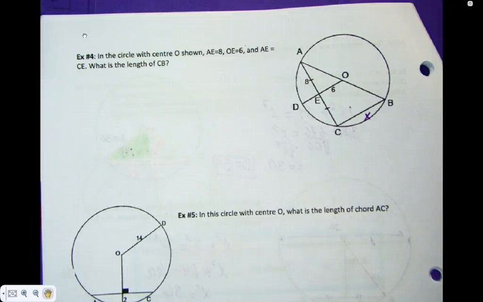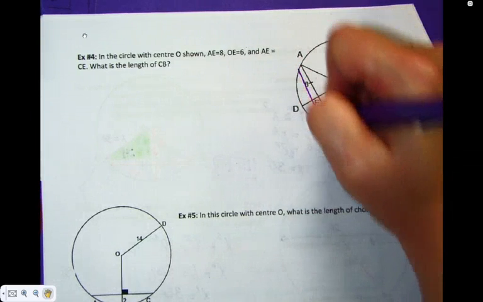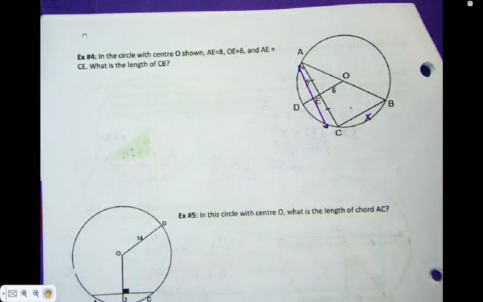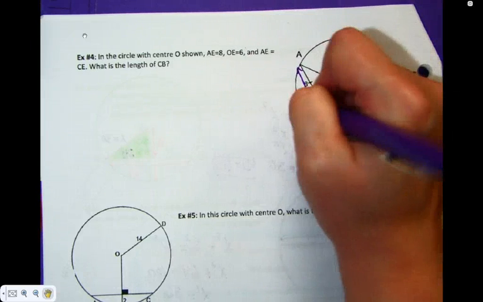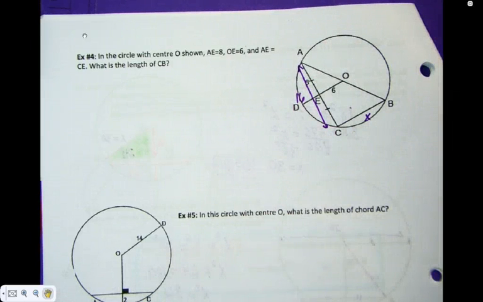Yeah, so we gotta multiply 8 by 2 first of all. Why? Because it's only half the perpendicular line of the chord. So you want to find the length of AC. 8, or 16, sorry. The diameter.